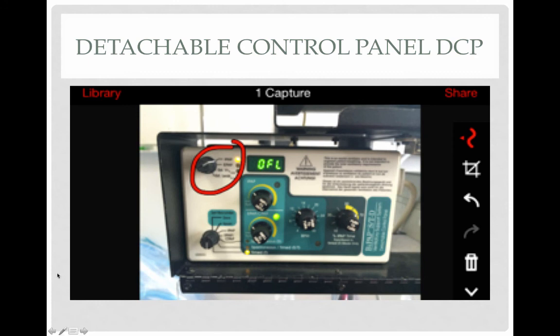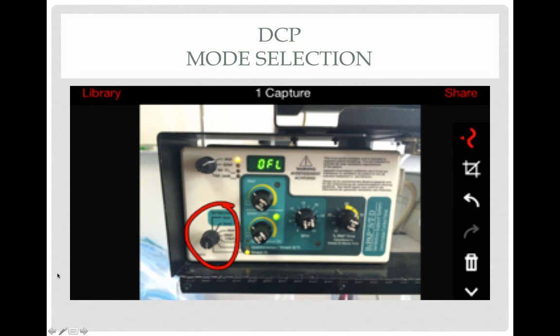So this is our mode selection. This is where we're going to change the modes. This really is our most important starting point, because depending on what mode we have set will determine which one of these knobs is activated. So I might be in the CPAP mode. In the CPAP mode, this control doesn't do anything.